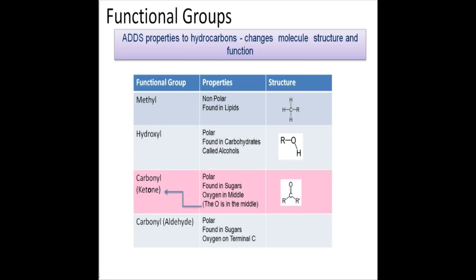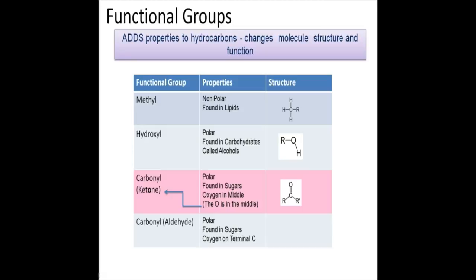Carbonyl. This is where you have a double bonded oxygen. There are two forms of carbonyl groups. You have the ketones and the aldehydes. The one way I like to remember this is the ketones are with the O in the middle.